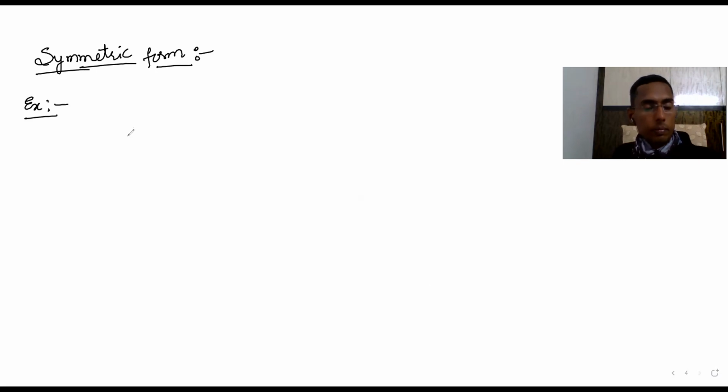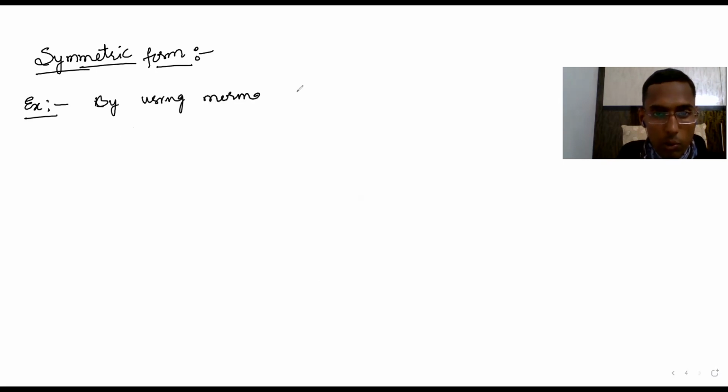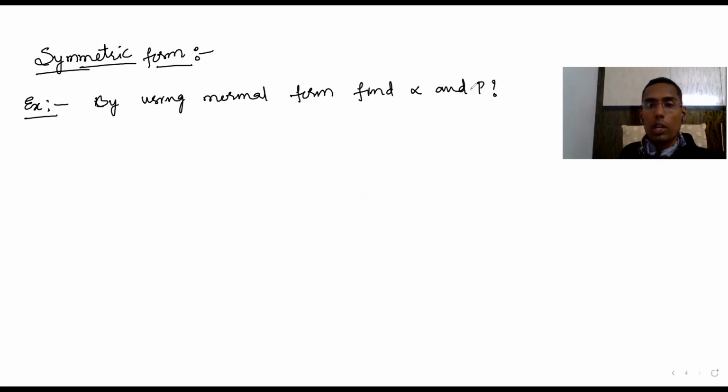By using the normal form, find alpha and p. What is alpha, what is p? You know: p is the perpendicular distance, and alpha is the angle made by the normal with the positive direction of the x-axis.